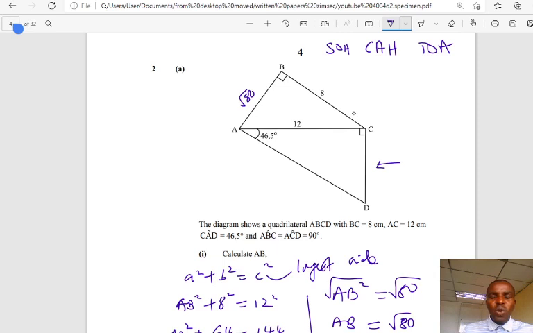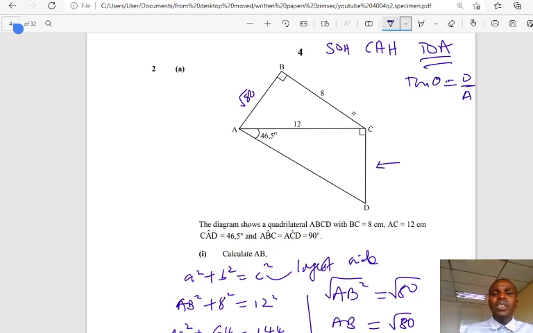Then 12 is called the adjacent side. So we want to find the opposite given the adjacent, which is 12. Where is the relationship between opposite and adjacent? It's on tan. Tan of an angle theta is opposite over adjacent.